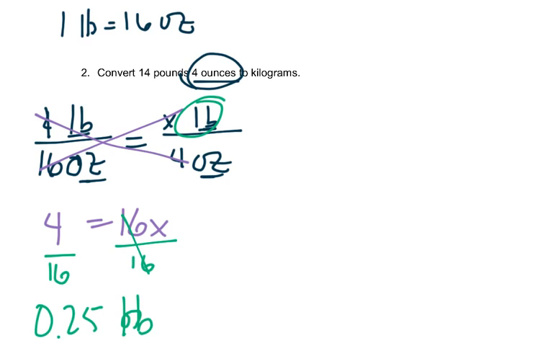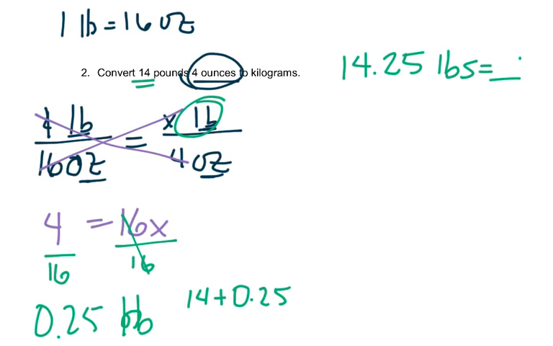So that 4 ounces is 0.25 pounds, but we had 14, so we want to take 14 and add that to the 0.25 to tell us that now we really have 14.25 pounds, and we're trying to change that to kilograms. So now let's write another proportion.